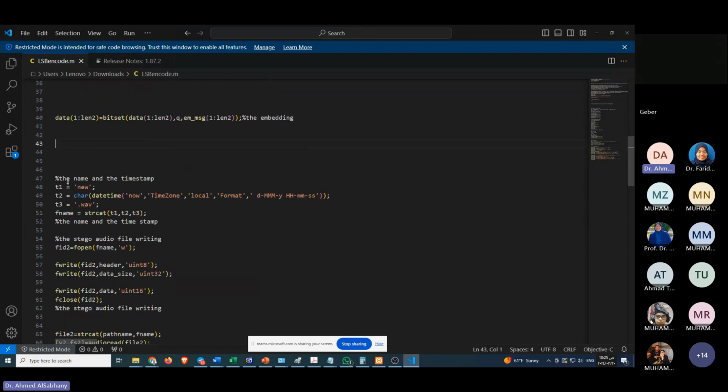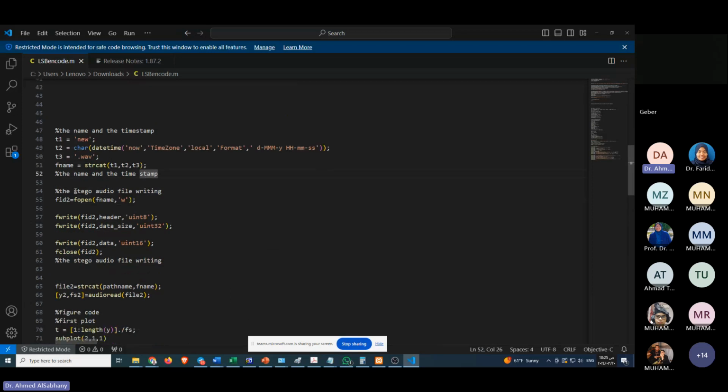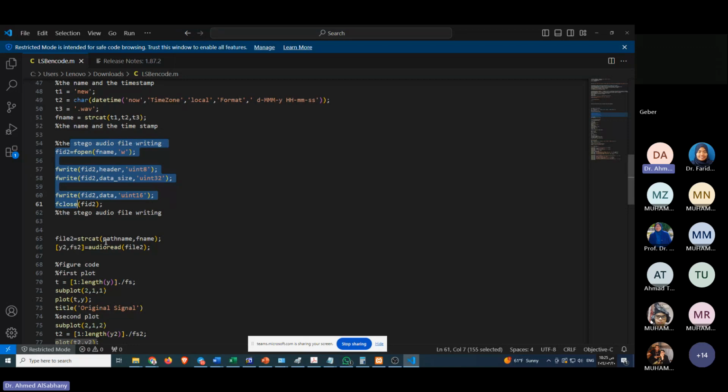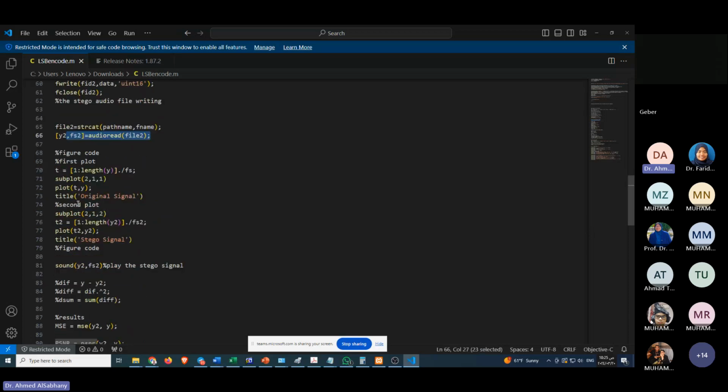Over here, we are just creating a new file. We are creating a timestamp for the name of the file, the Stego file that will be created. We are writing the information inside that file, and finally we are reading this file one more time to do the plotting.